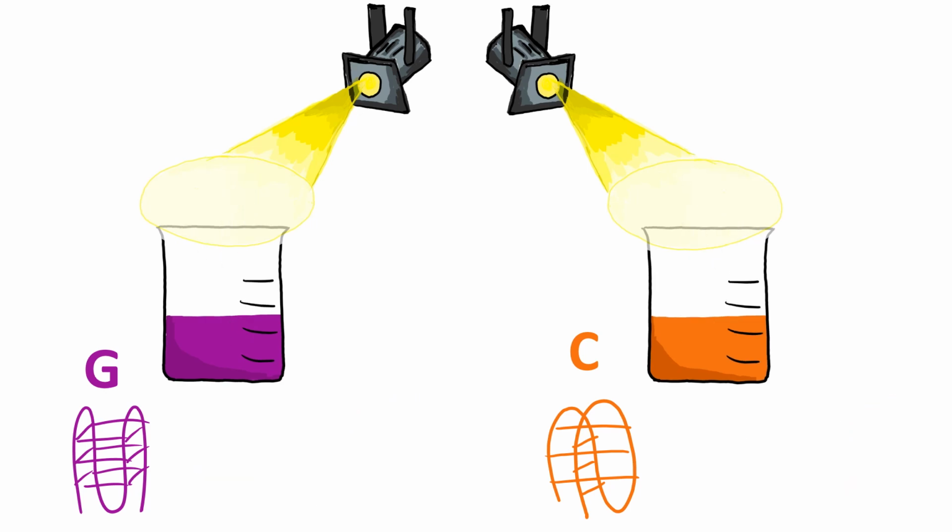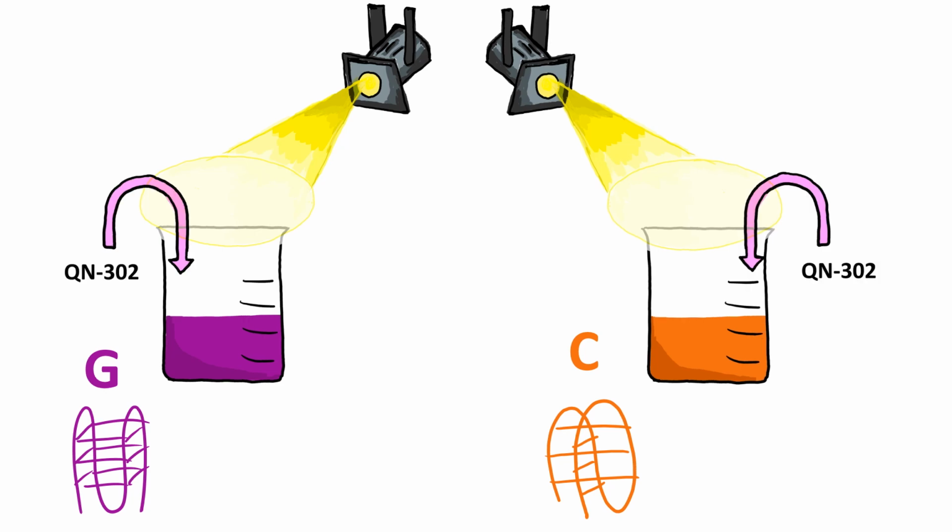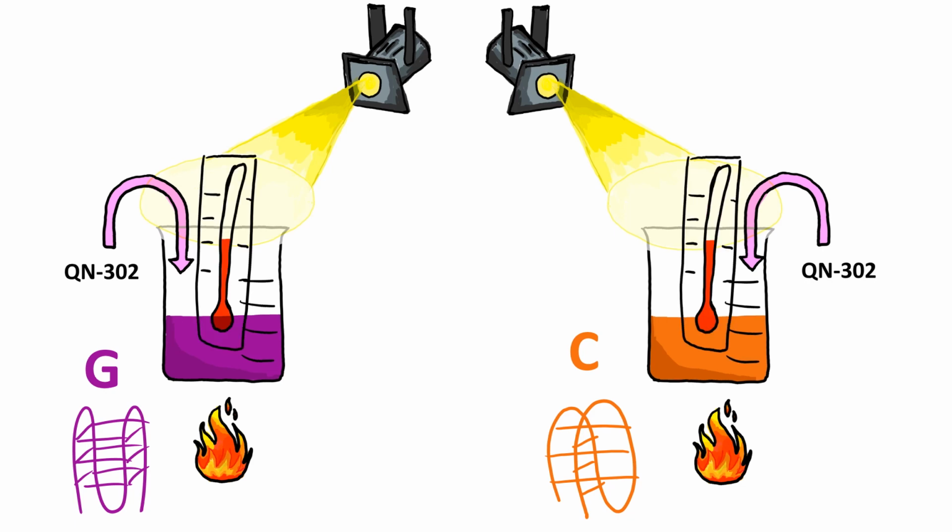After that, we repeated the same experiment, but this time we added our molecule of interest, QN-302, in the G-quadruplex and i-motif samples. We then melted the samples and we determined the melting temperature again. What we found to be very interesting during this experiment was that the melting temperature of our G-quadruplex was increased.